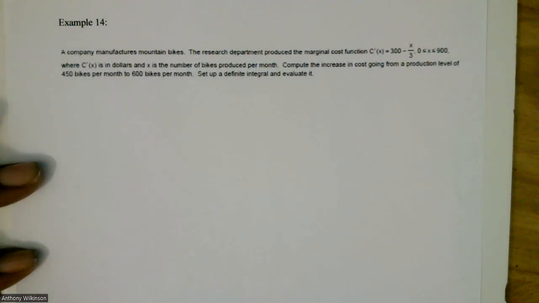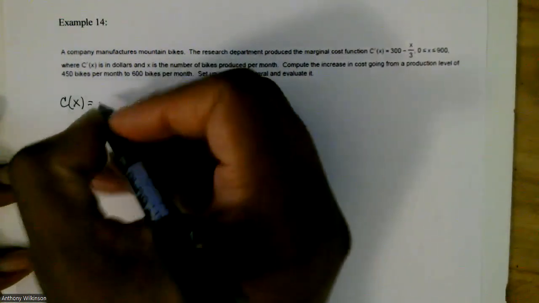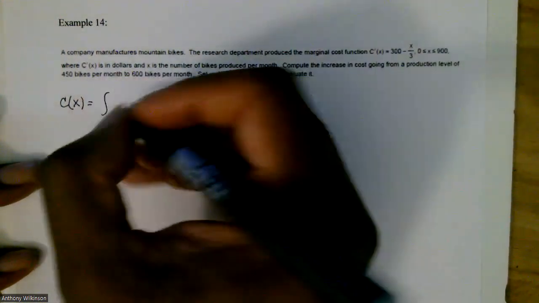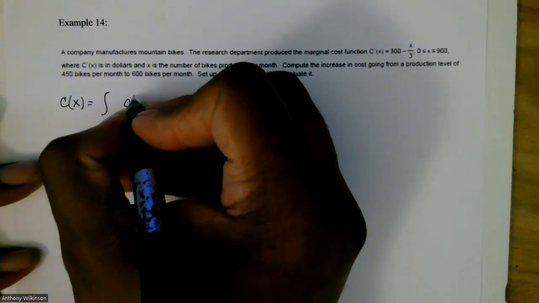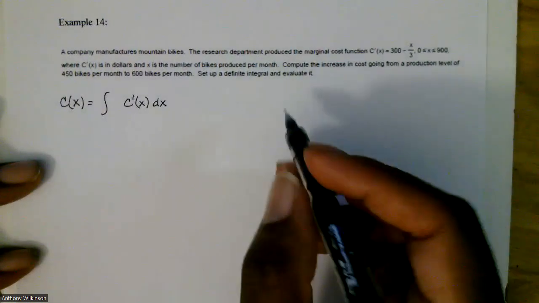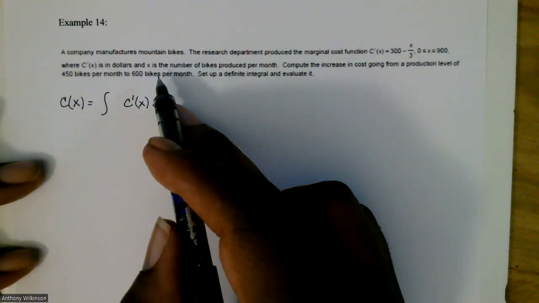Okay, so in this case here, we're going to be finding out what that increase in cost is. So we need to know what C of x is going to be, because that's going to be the integral of our C prime of x dx. Now we're going from a production level of 450 bikes to 600 bikes.